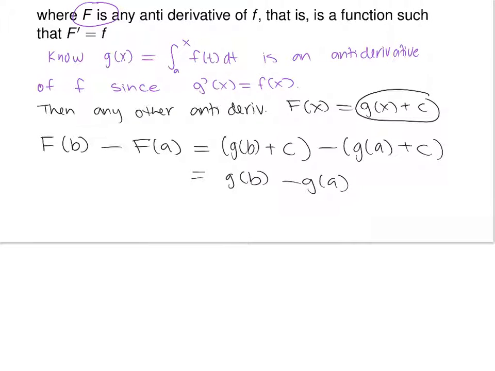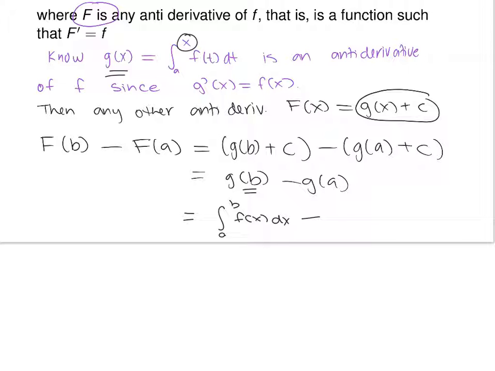Okay, next thing, take your G function. What is G of B equal to? If you plug B into that thing, what do you get? Integral from A to B, because you input B, and B gets put into that upper spot.